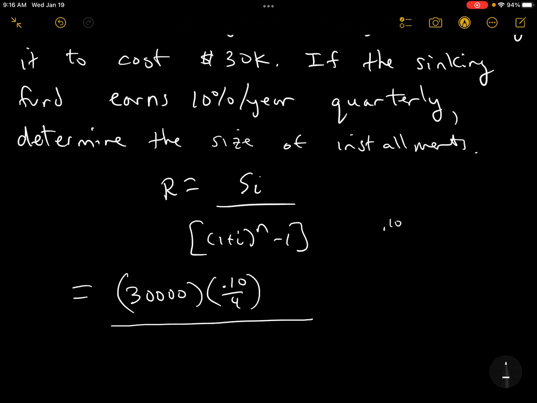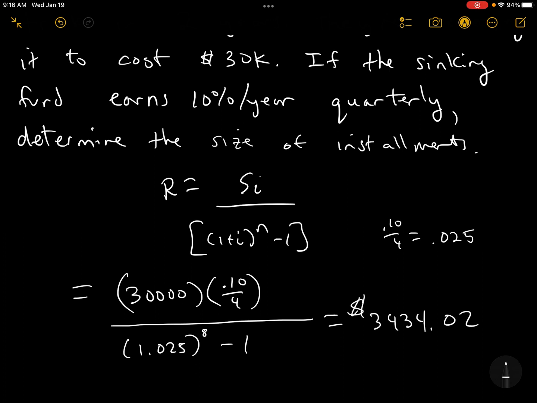Let's see here. This is equal to 0.025. So down here we have 1.025, and then 8 is the number of periods because it's quarterly for 2 years. And this gives us the payment.